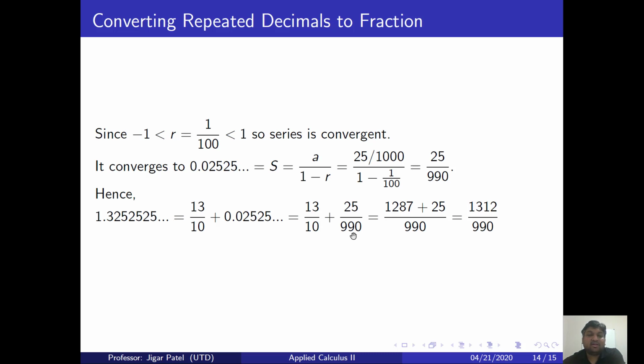The common denominator is 990. 99 is what's missing under the first term. Multiply 13 by 99 to make the denominators equal, and get 1287 plus 25 over 990. If you add the numbers in the top, you get 1312 divided by 990.